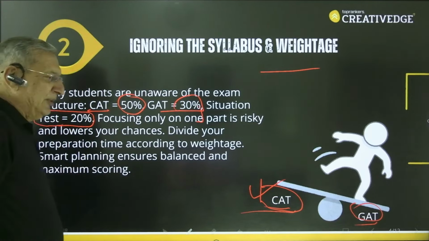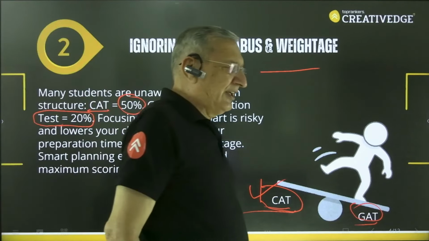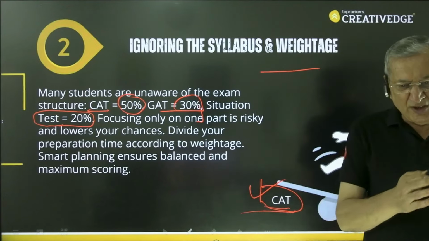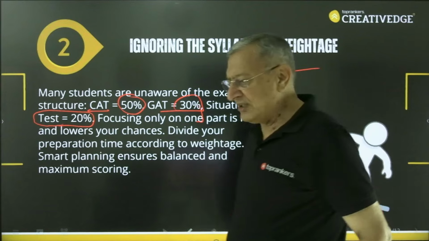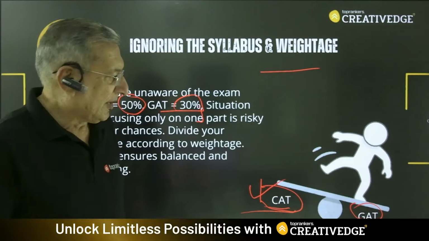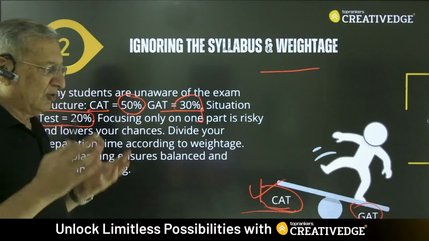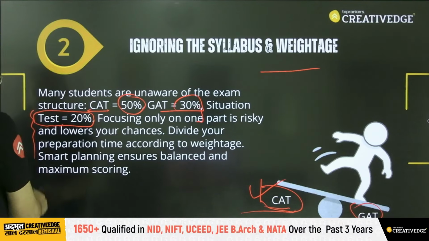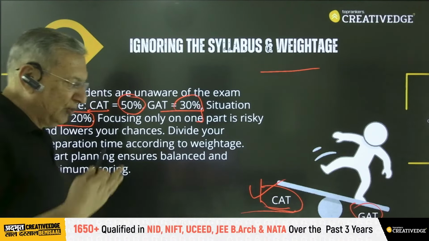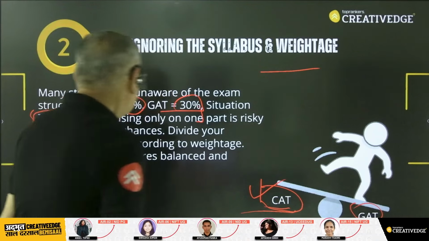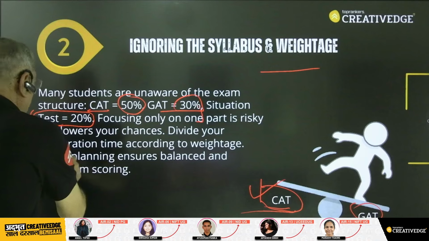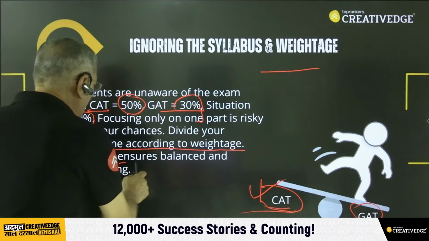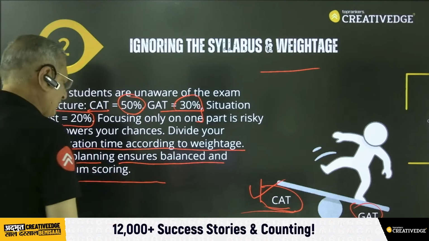There is no harm in preparing for situation test even beforehand because everything does not come in just those 20-30 days which are there in between. And yes, you should be doing at least 10 to 20 questions of situation test before you really handle it. So divide your preparation time according to the weightage. Smart planning ensures balanced and maximum scoring.